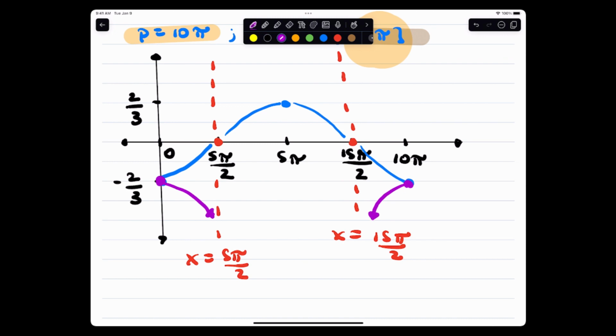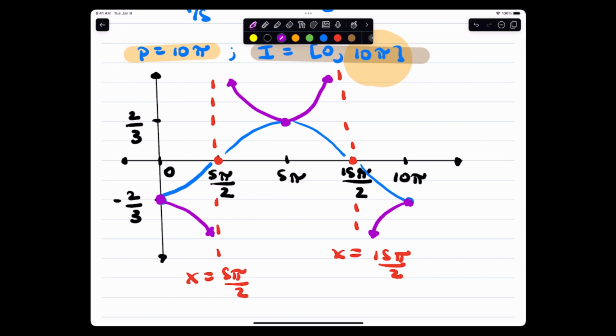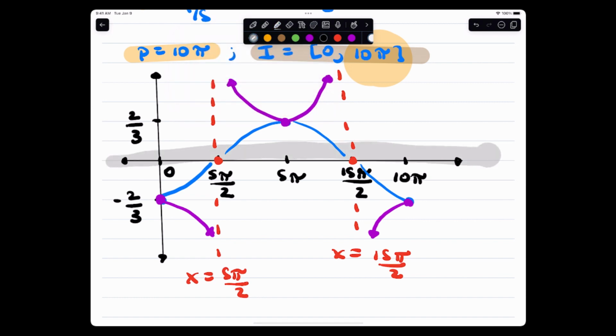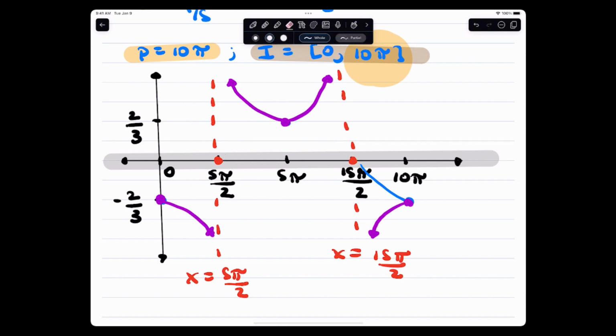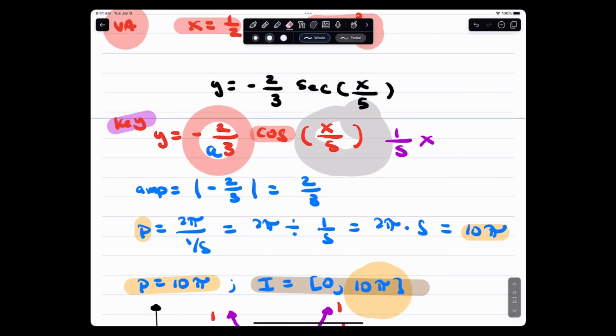Okay, the horns are going down. And then the parabola portion is actually opening up, not down. So it's the same process, but it's reflected about the x-axis. You guys okay with that? So you're reflecting this about the x-axis. And there's the curve. Now, do you have really the negative cosine curve pictured here? No, but this is the graph of that negative secant curve. Easy peasy lemon what? Squeezy.